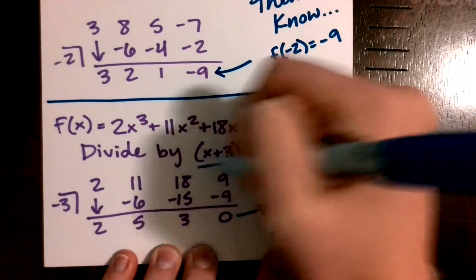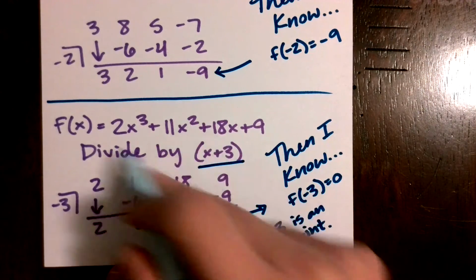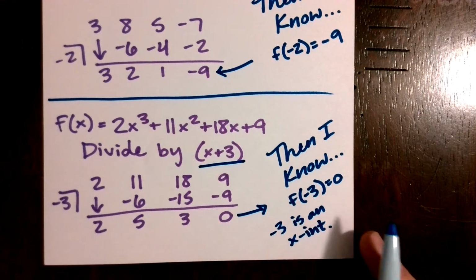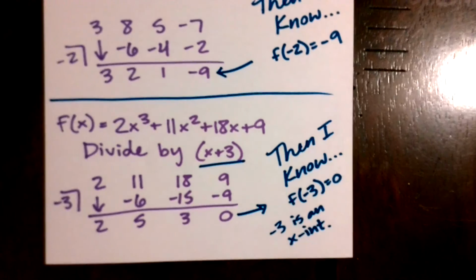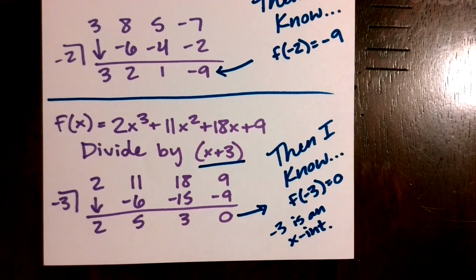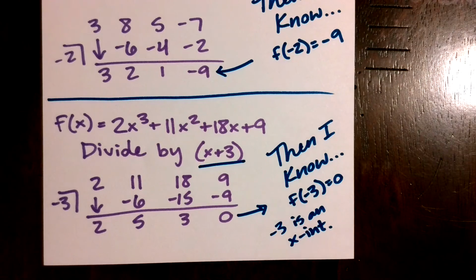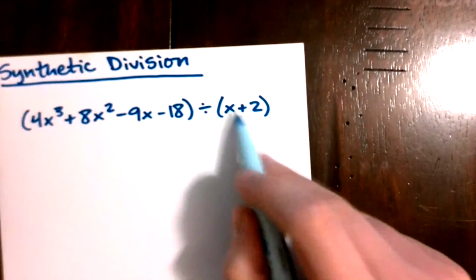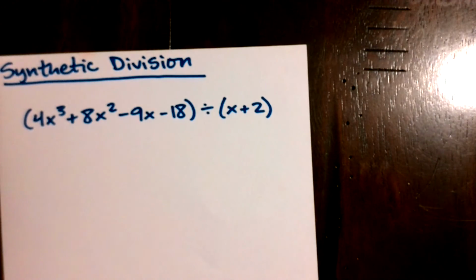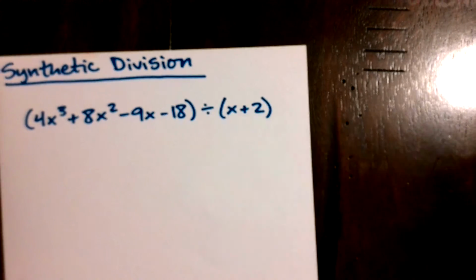It also means that this x plus 3 is a factor of that whole polynomial, which would be super helpful if I was trying to get it in factored form to solve or graph or all sorts of things. So that's what we're getting whenever we use synthetic division or long division. Either way, we're ending up with f of the opposite sign, f of -2 in this case.